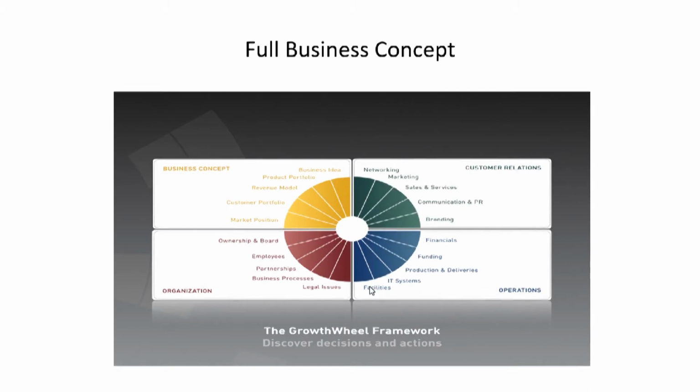Now, IT systems, for some companies it wouldn't be relevant to have when you're still starting, but it's also good that you take note of the systems that you need to have as the business grows. For instance, there are certain jobs that are now done by intelligence, by computers.